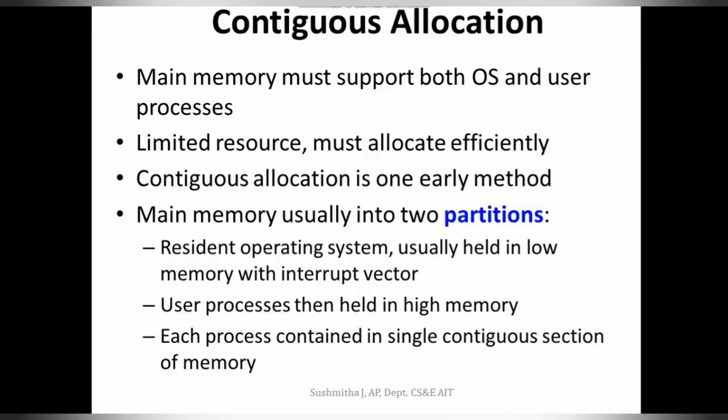Now, what do I mean by a single contiguous section? If I say a process P1 has a location ranging from 30020 to 30050, that is a continuous allocation for that range.